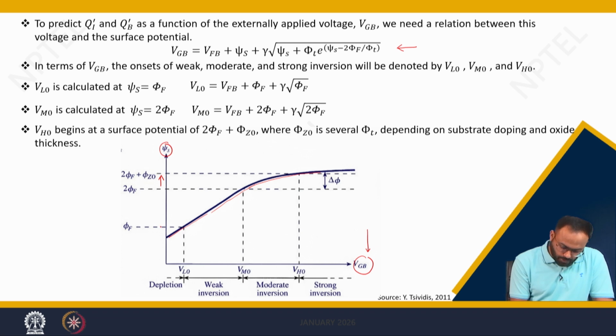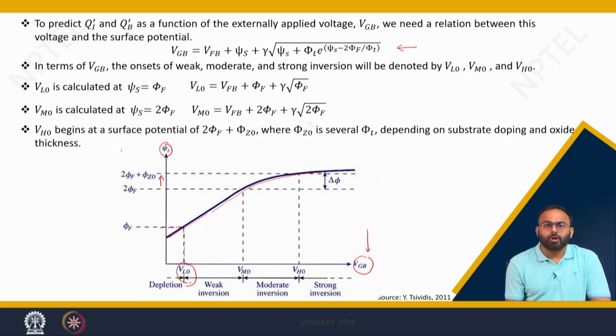Corresponding to the surface potential, owing to this linear dependency of the slope, we can get this value: VLO is the onset of weak inversion, VMO is defined as the onset of moderate inversion, and VHO is defined as the onset of strong inversion.